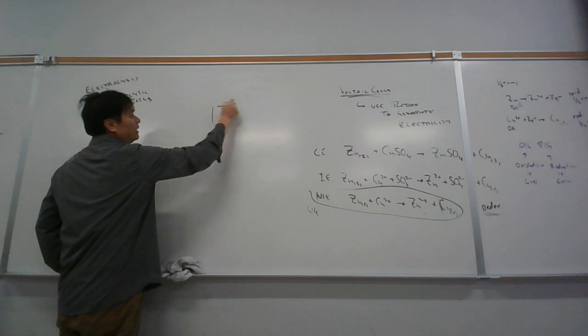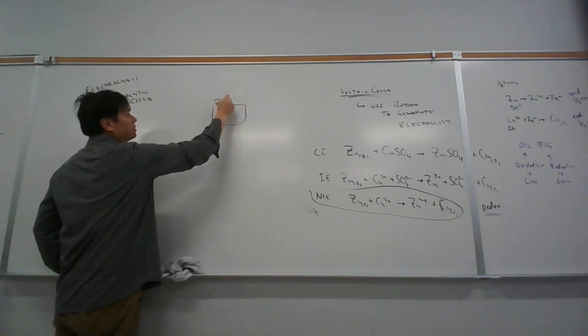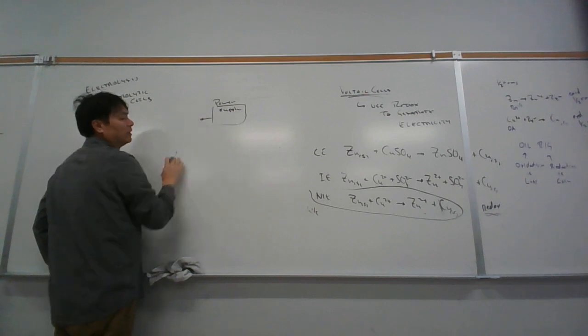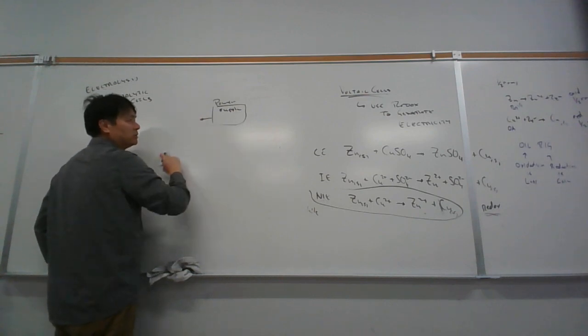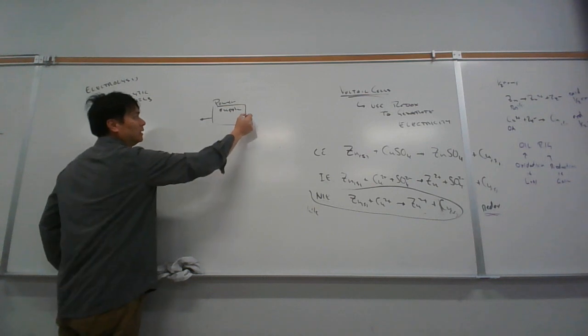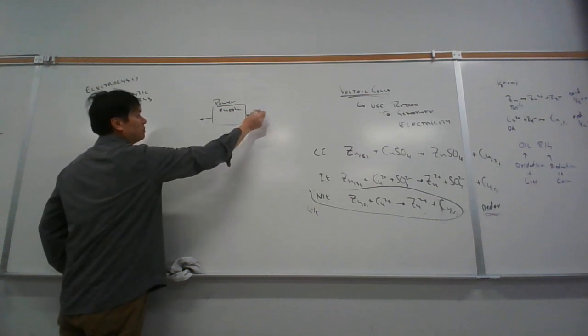The first thing is we need some power supply to force the electrons to go backwards. Normally we have electrons go left to right, anode to cathode, A to C. In an electrolytic cell, we have the electrons go backwards.